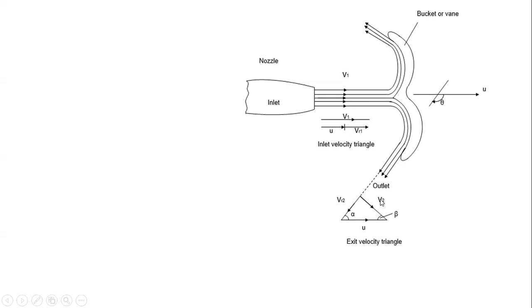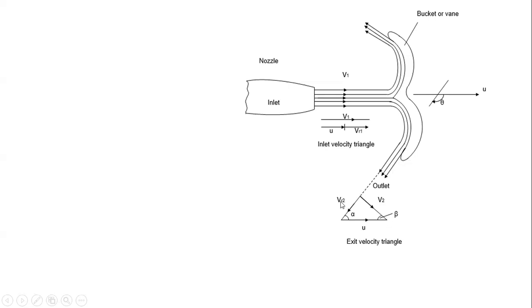So when you come this side, you have the same thing. Our V2 is the absolute velocity of flow of this water as it is passing through the vane. VR2 is the relative velocity of water on exit. Of course, this is the exit side. U, like we said, is the velocity of the bucket. The angle between the velocity of the bucket and the velocity of flow of the water on exit is the angle theta.